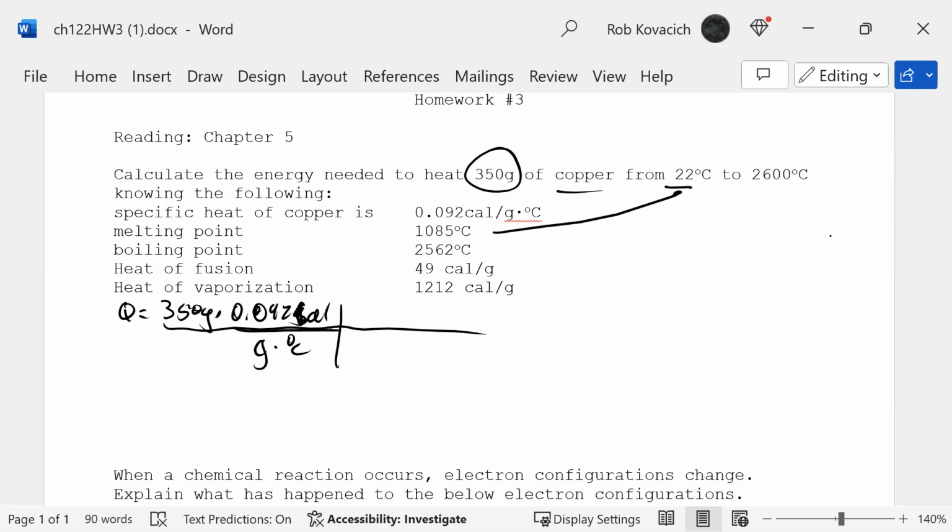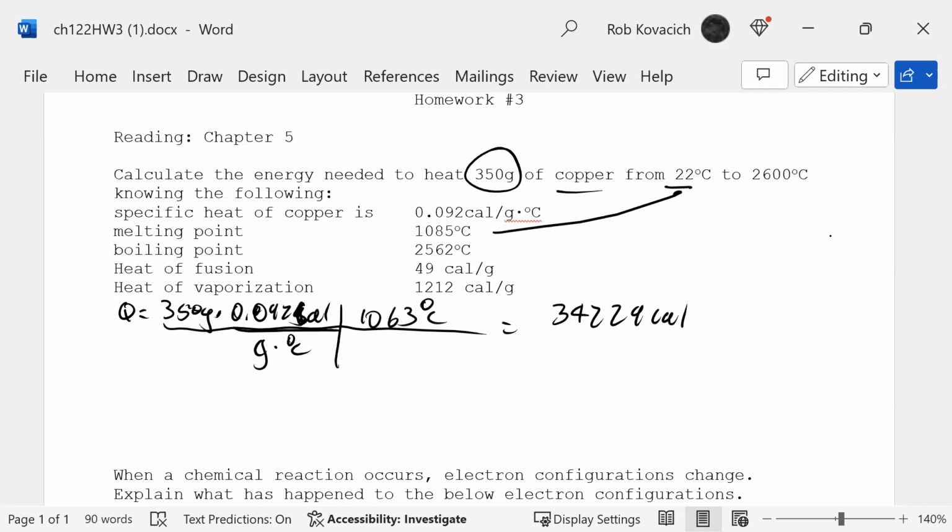And then my change in temp is 1063 degrees C. So 350 times 0.092 times 1063. I got 34,229 calories. All right, so we've heated it up to its melting point.